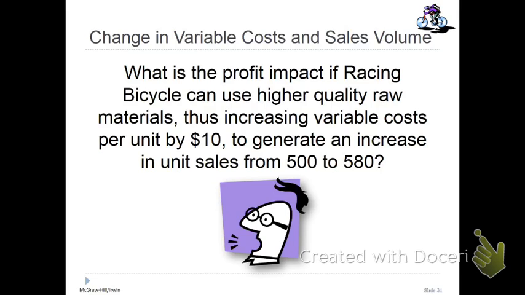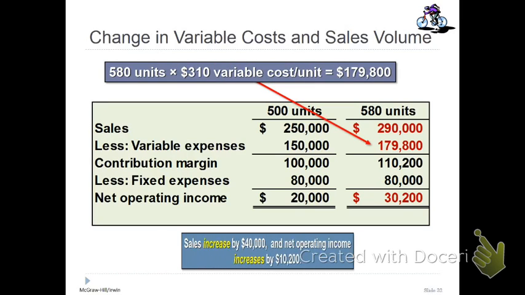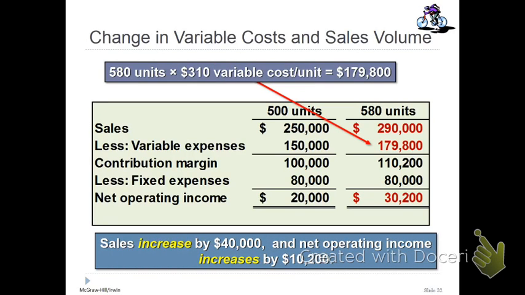Another thing, okay, another way to look at this. What is the profit impact, once again, on this company if they use higher quality raw materials, increasing the variable cost by $10, but sales now go up from 500 to 580 units? Well, if I increase my variable cost by $10, notice what's going to happen.